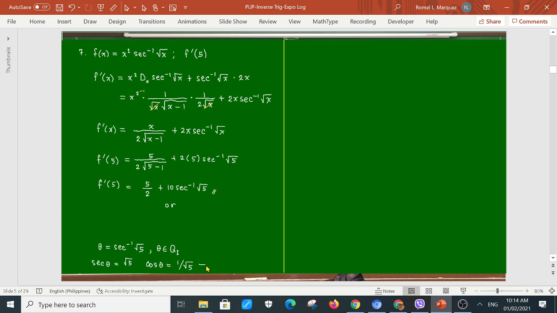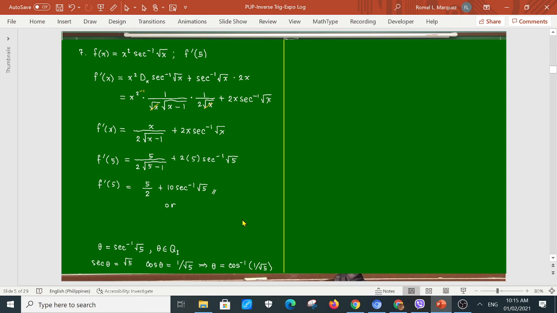That's why we convert it to cosine, so that we can take the inverse cosine of 1 over square root of 5, or that is square root of 5 over 5. Square root of 5, 1 divided by square root of 5 equals, then take the inverse cosine of that.